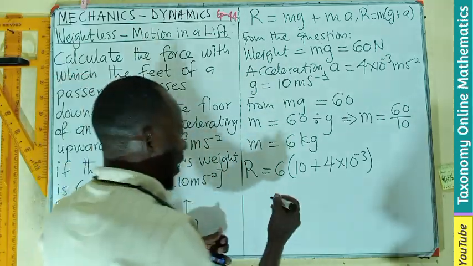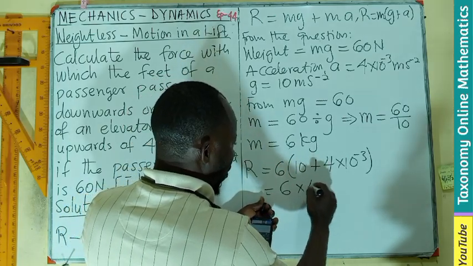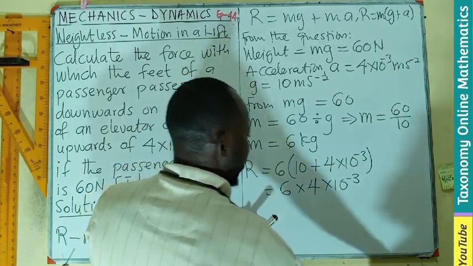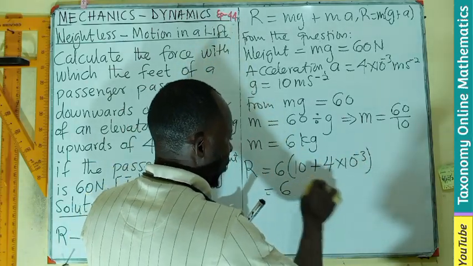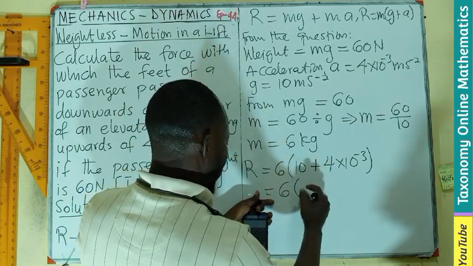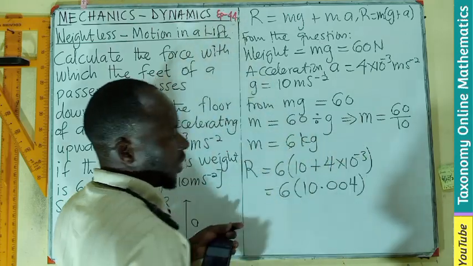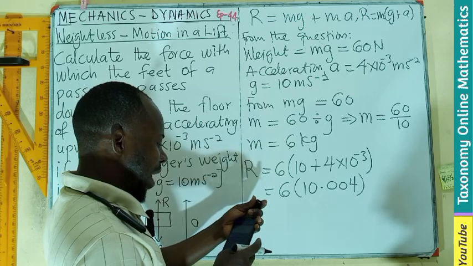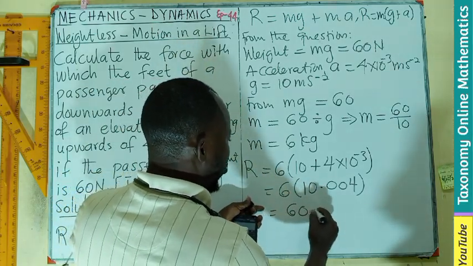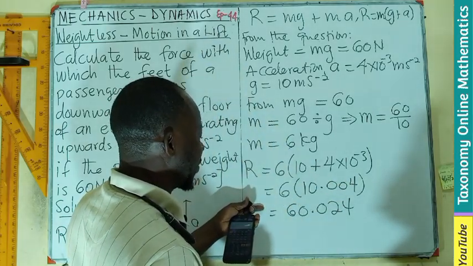In the bracket we have 10.004, which we compute. Now multiplying that by 6, that will give us 60.024, to 3 decimal places.